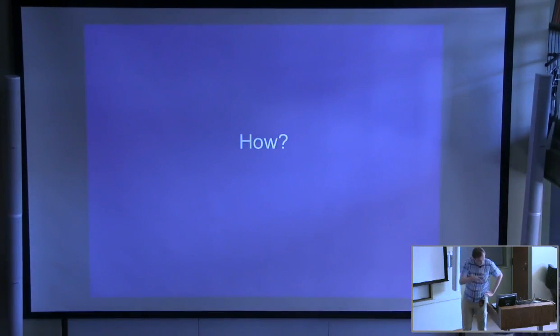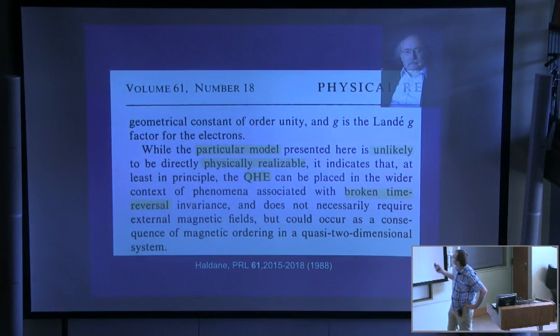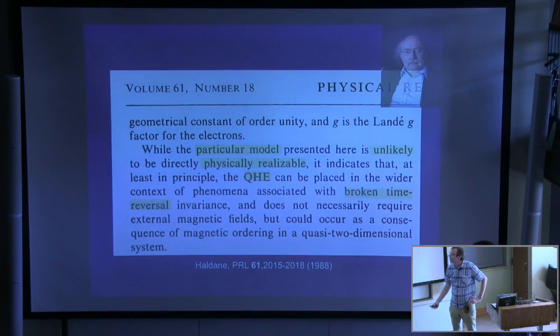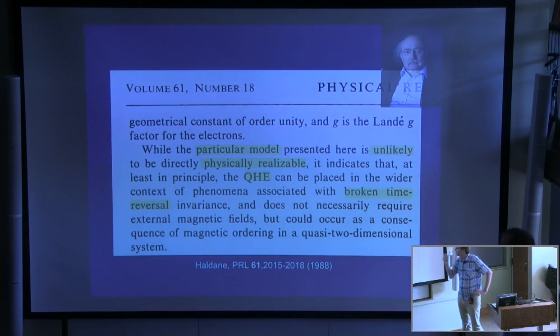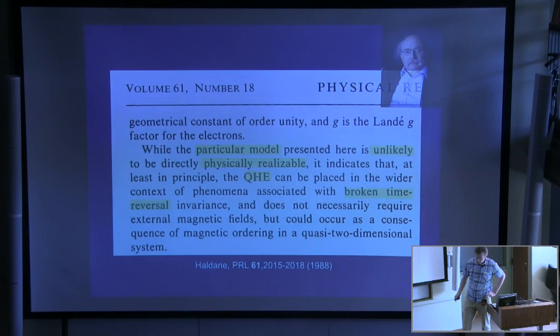So the question at that time was how can you actually realize that? And Haldane wrote that while the particular model presented here is unlikely to be directly physically realizable, it indicates that at least in principle the quantum Hall effect can be placed in the wider context of phenomena associated with time reversal invariance.